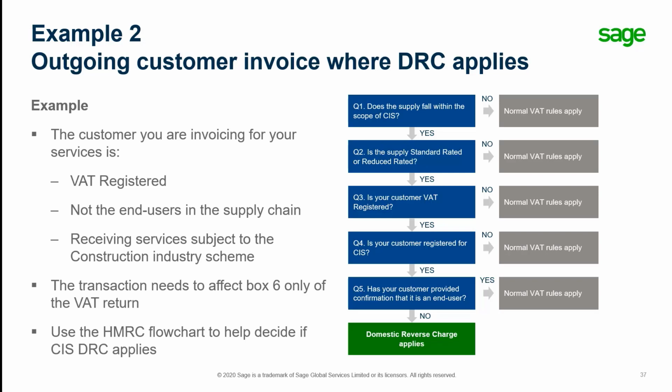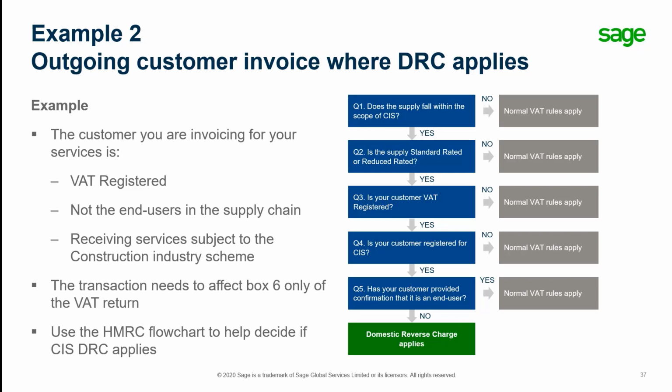If the item was zero rated or non-vatable, again, these would just be processed as normal as the normal VAT rules would apply. Step 3, is the customer VAT registered? So in this example, the customer is registered for both VAT and CIS. So that takes us on to question 5. Has your customer provided confirmation that it is an end user?